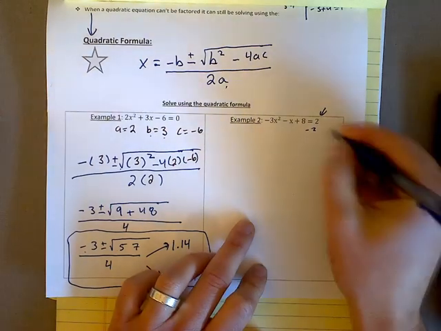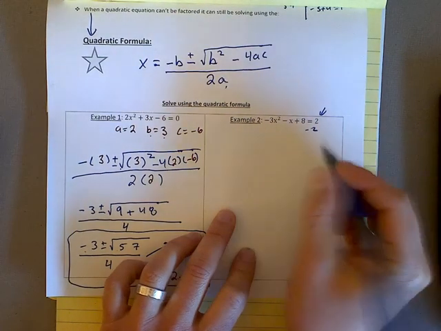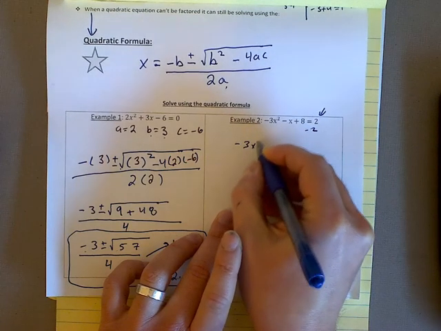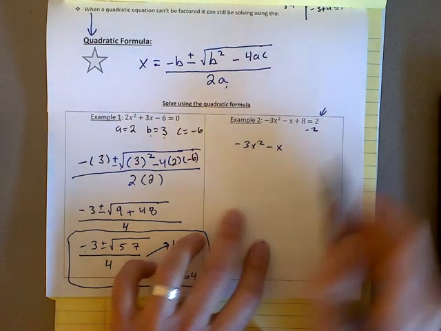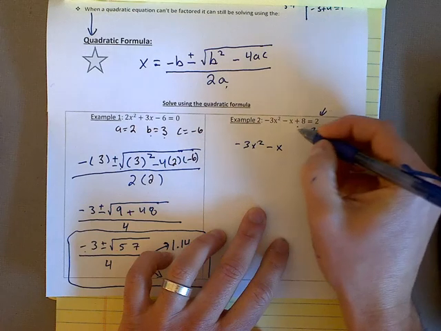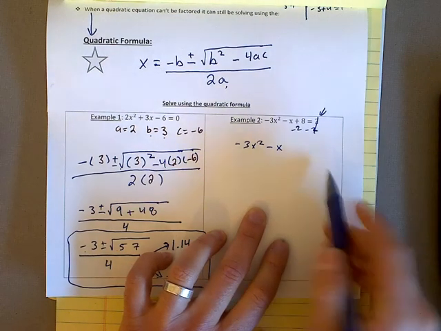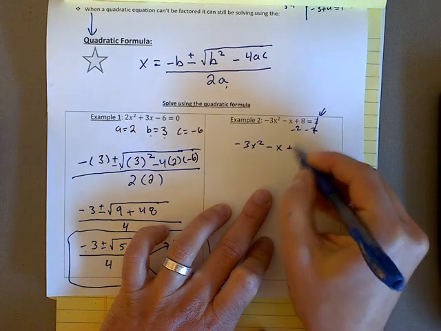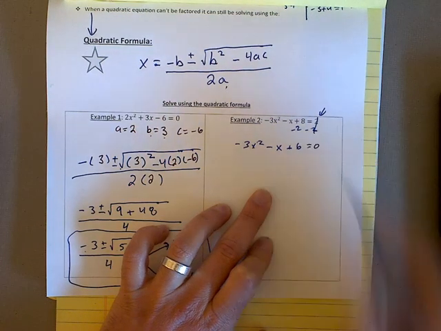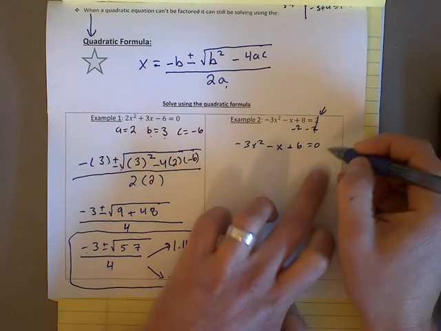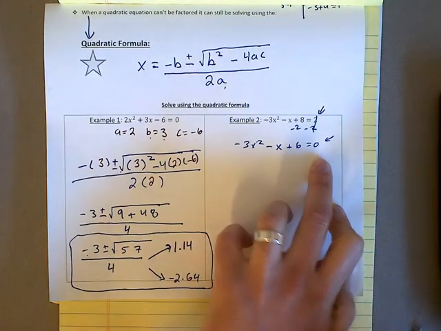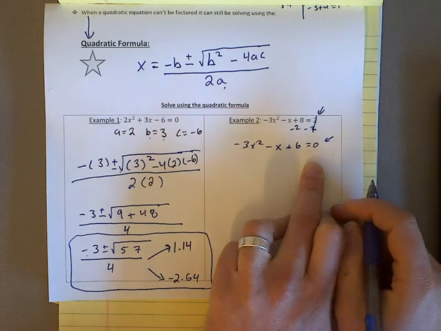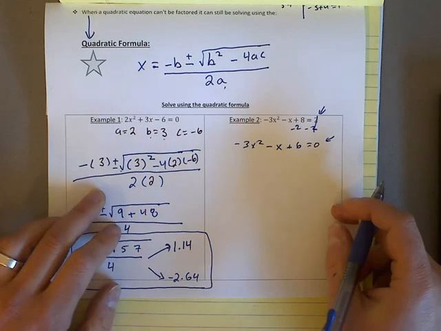First, let's subtract 2 and rewrite it as negative 3x squared minus x plus 8. Remember, we're subtracting 2 from both sides, so it's going to be plus 8 minus 2 is 6. Now it's equal to 0. Once you have 0 on the right side, now it's in the correct form in order to apply the quadratic formula.